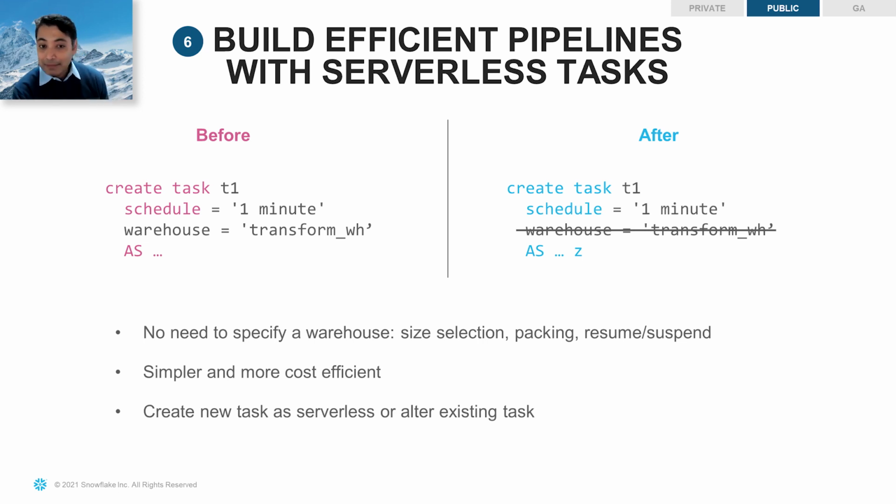So those of you who have been using tasks, we announced the public preview of serverless tasks. It's the same task, but it's much more efficient. Instead of assigning a warehouse before you write the task, serverless tasks allow users to create a task without worrying about the compute required to execute it efficiently. Snowflake looks at the historical usage pattern for that task and assigns the right size of warehouse to it.